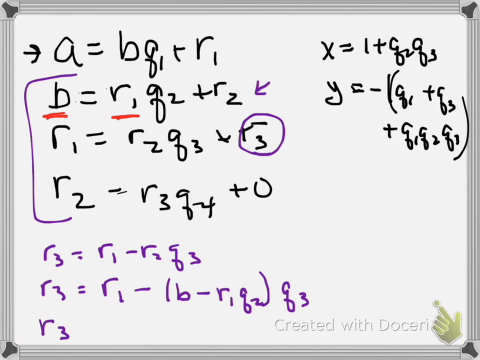So now, based on what we have here, R1 minus BQ3 plus R1 Q2 Q3.